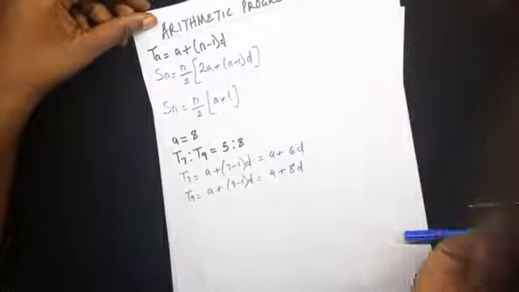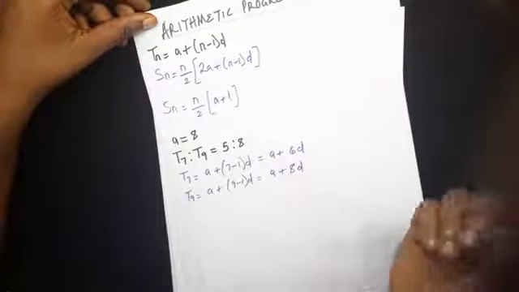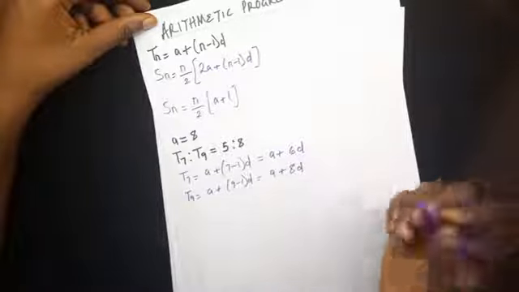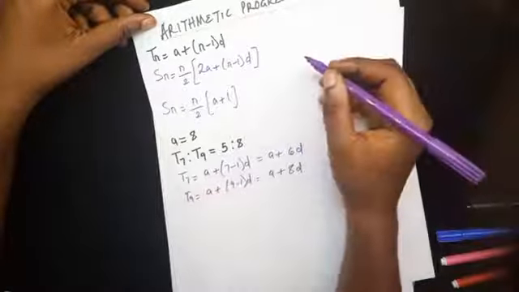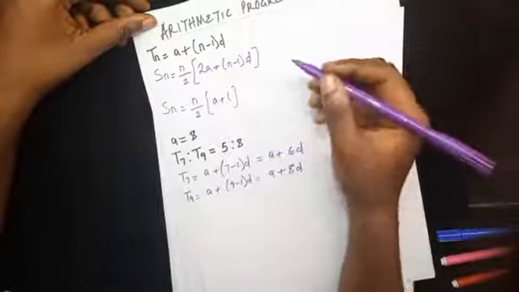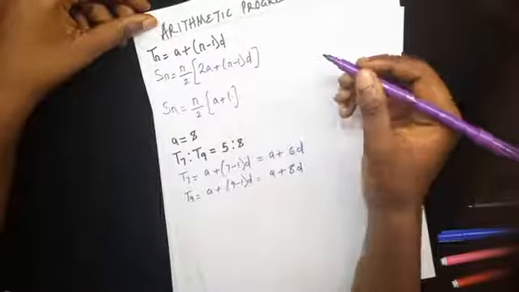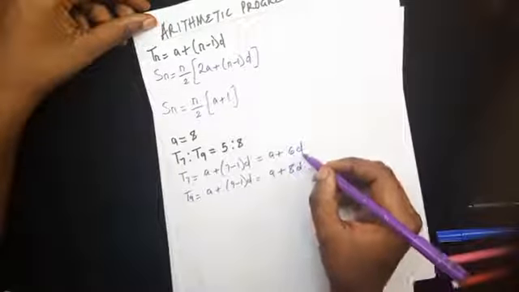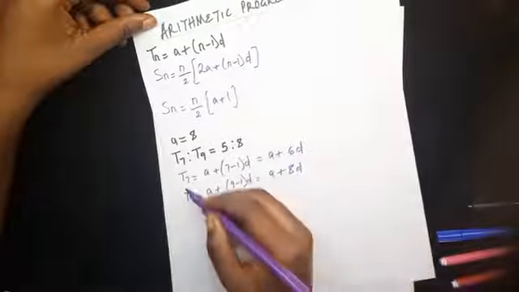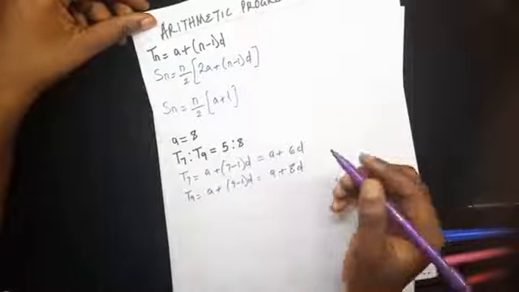Now, AP is also a very logical topic in mathematics. When you have T7, it will always give you a + 6d, T5 a + 4d, T3 a + 2d. The difference is just the coefficient of d, which is just one less than the term you are looking for, or the term you are considering.